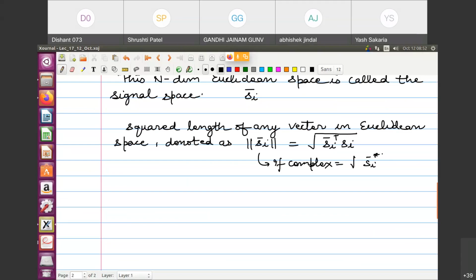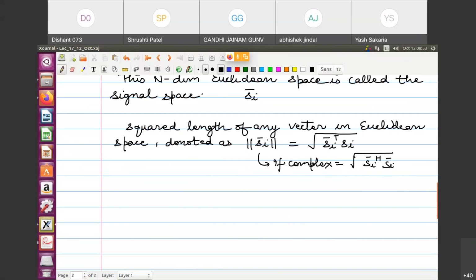You use a star operation, or I think the better operator is Hermitian, because once you go back and read the notes, it should not lead to any sort of confusion. Then you have to use a Hermitian operator. Remember that. Otherwise, this quantity won't be real. This has to be real because you are finding the squared length, and length cannot be complex.